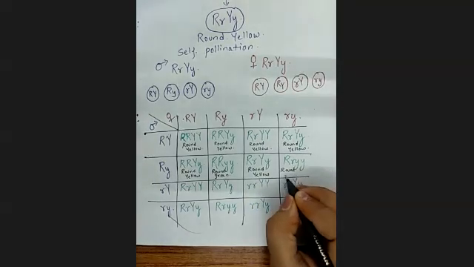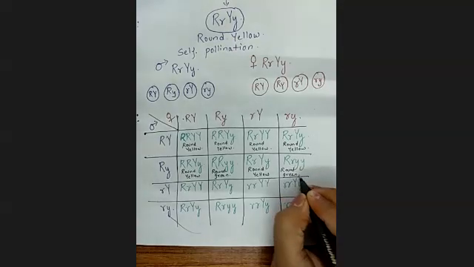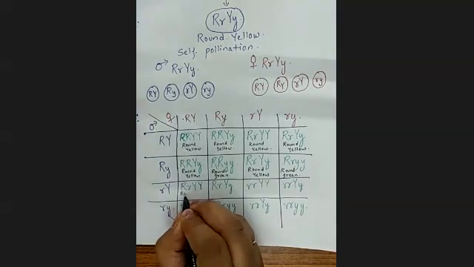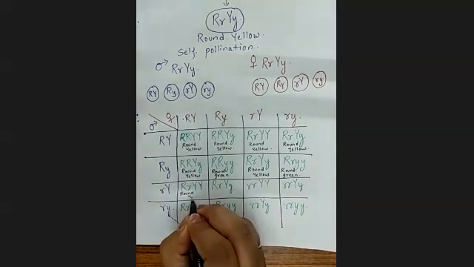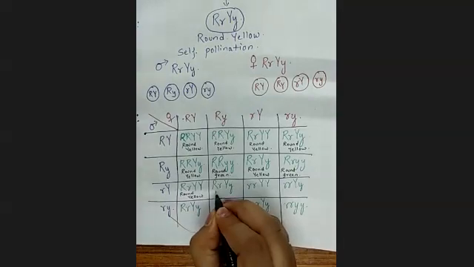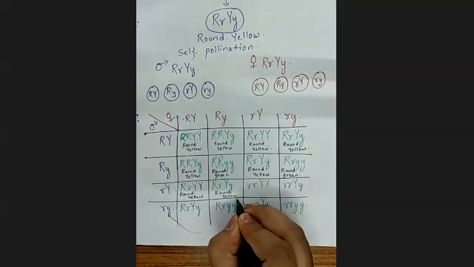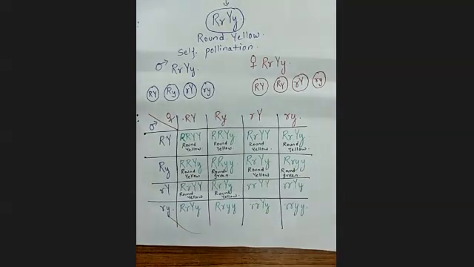Round green. Then again round yellow. Round yellow. Ma'am, wrinkled and yellow.